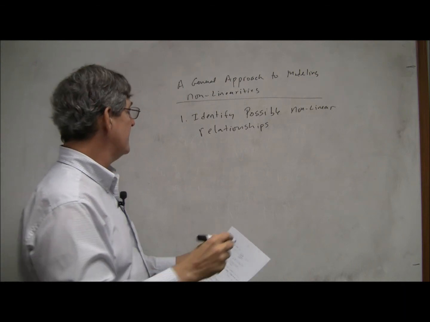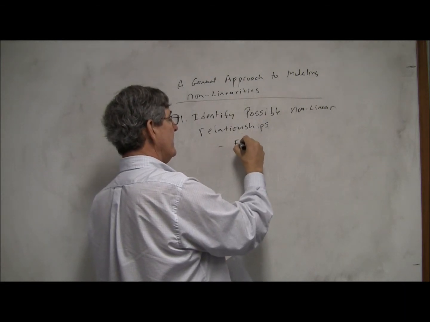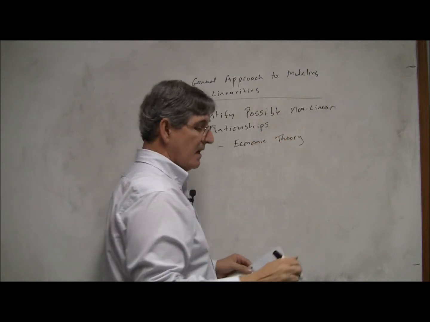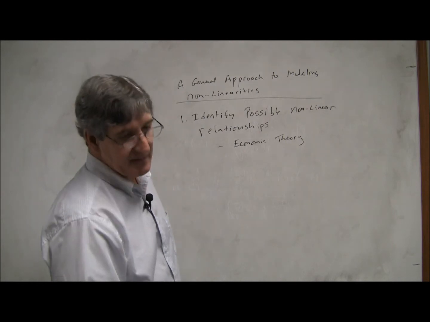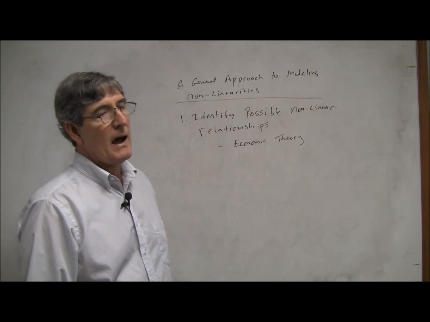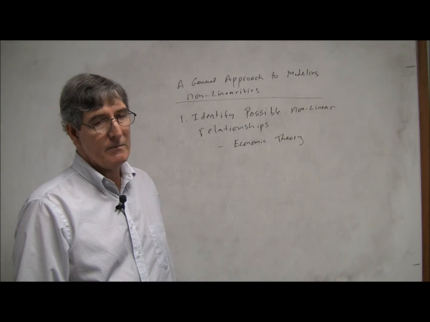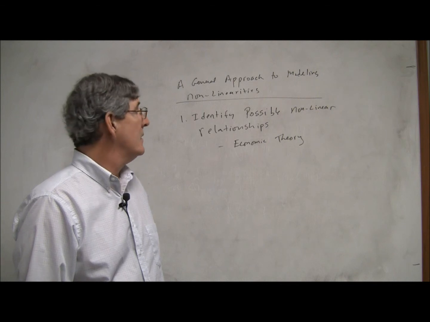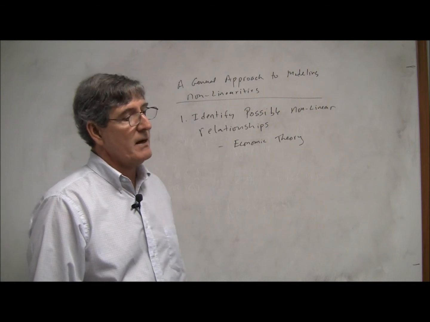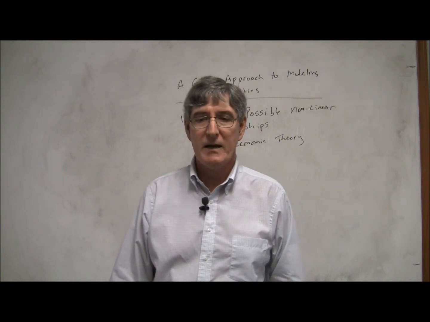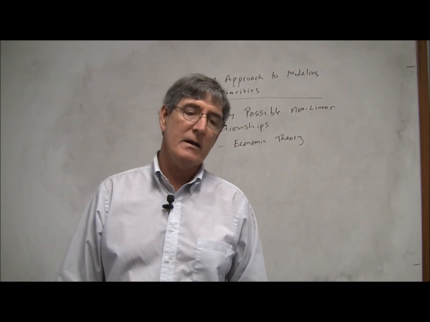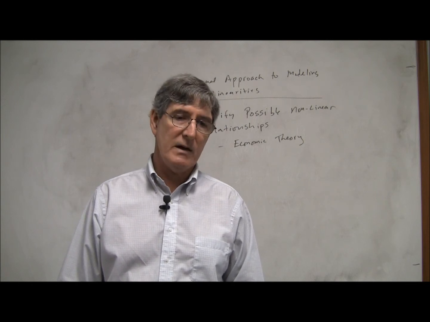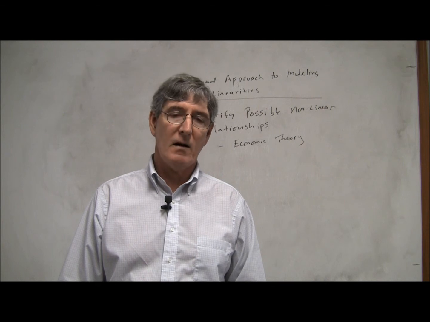And there are two ways. One is to think about economic theory. This will often tell you that there are nonlinearities. For instance, we think that money has a more powerful effect on GDP and employment when the economy is near full employment. When the economy is in a deep recession, we think that a change in the money supply has a much smaller effect on the change in output and employment. And if you're in a liquidity trap, a really deep recession, a zero lower bound situation, it may have hardly any impact on output.